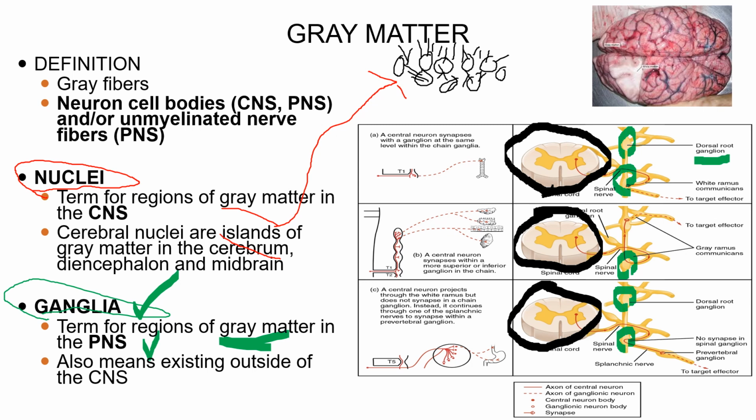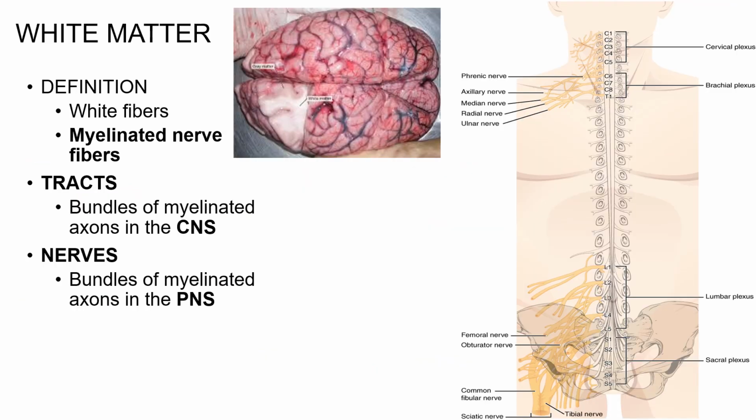We're going to do the exact same thing, but we're going to talk about white matter. We're going to have a different name for white matter in the central nervous system compared to white matter in the peripheral nervous system. And here are those names. In the central nervous system, in the brain, brainstem, spinal cord, what we're going to call them are tracts. And you saw this word before when we talked about the corpus callosum. It's called a commissural tract, right?